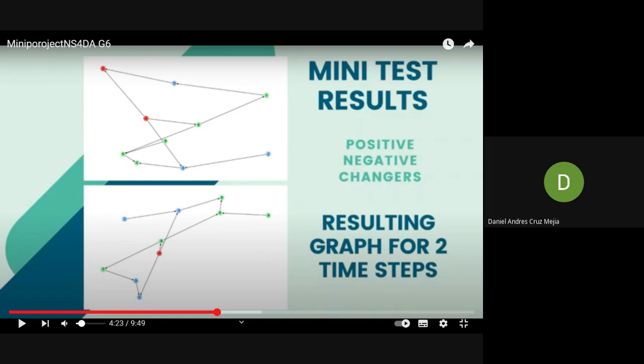Here is, for example, 2 different time steps of the same run, in which the nodes in red are negative nodes, the nodes in green are positive nodes, and the nodes in blue are changers, which are not one side or the other. Here, it spreads misinformation to 1, and 1 then is changed to blue, which means it changes state of opinion.